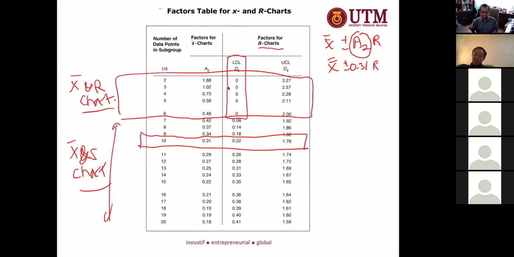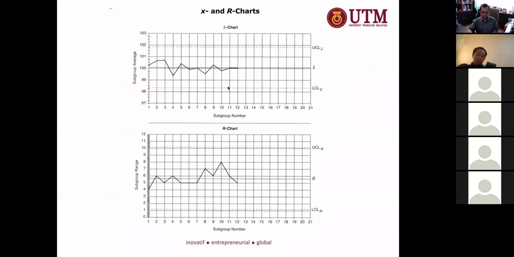Okay, then we calculate the limits for the R chart as well.